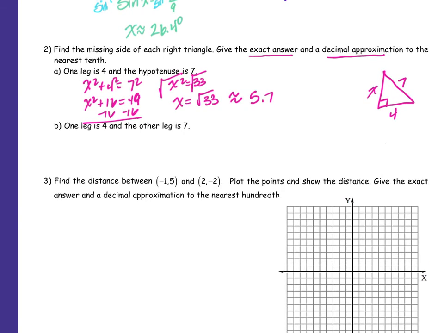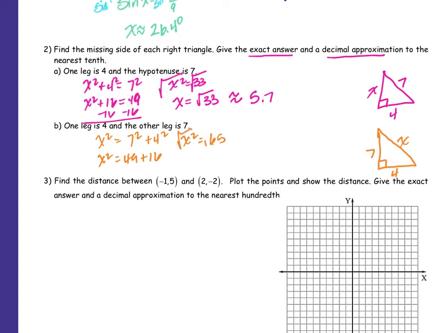Here we go. So I'm going to just draw my triangle. This was changed just a little bit. The numbers are still the same, but they changed where my numbers are. This one says one leg is 4 and the other leg is 7. So I need to find my hypotenuse there. So x squared is going to equal 7 squared plus 4 squared, so x squared is going to equal 49 plus 16, which is 65.